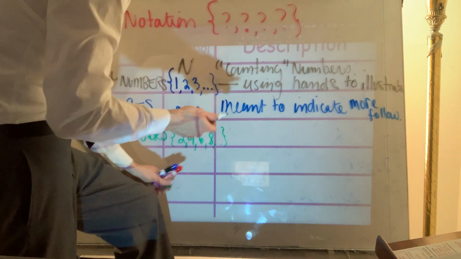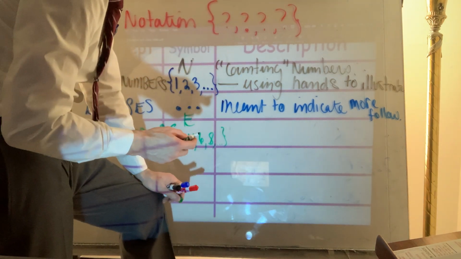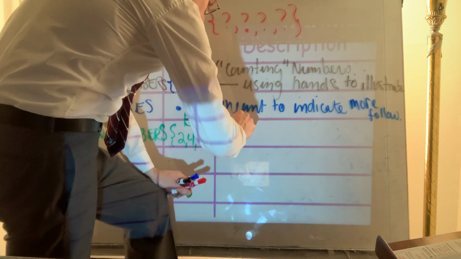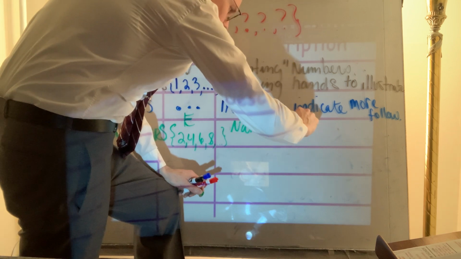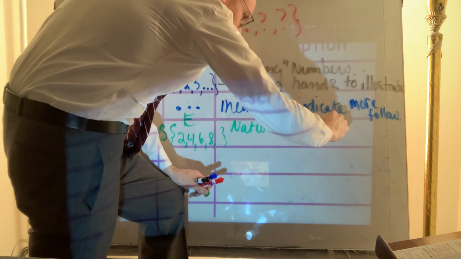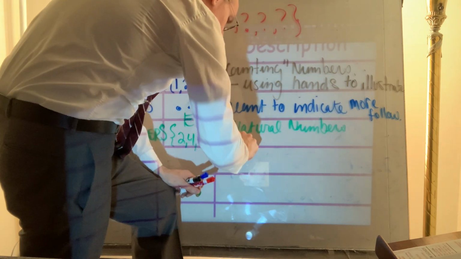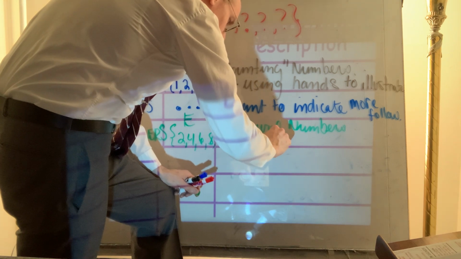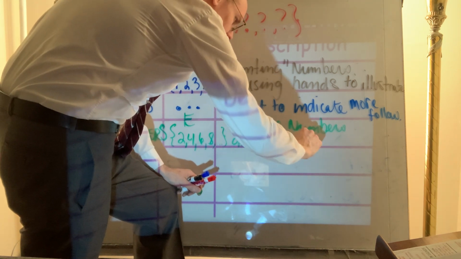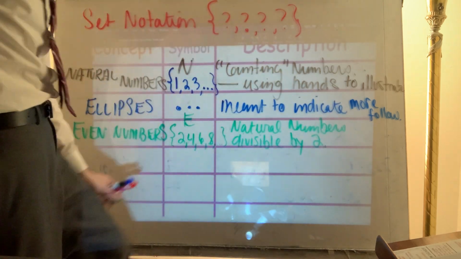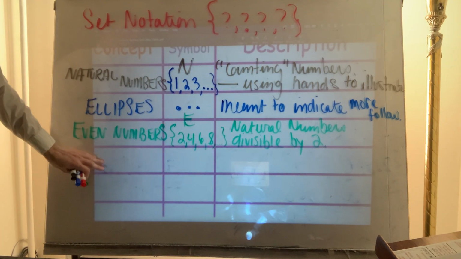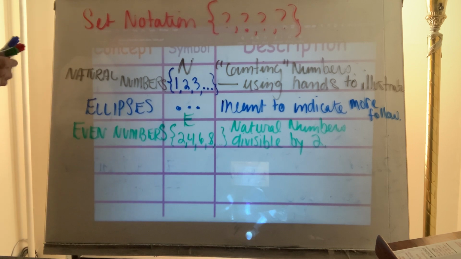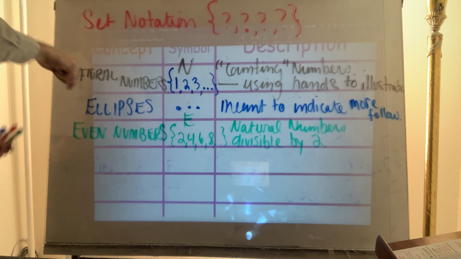Here is the better definition of them. These are natural numbers divisible by 2, which leads to the next question: what does it mean to be divisible?